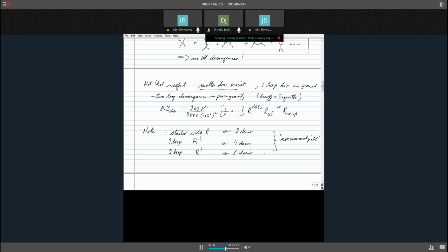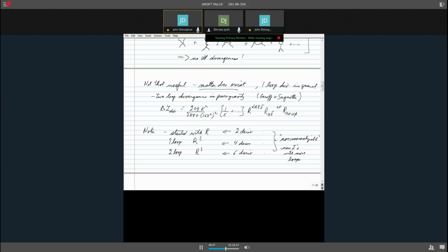At two loops, you see the result was curvature cubed. Okay. Curvatures have two derivatives. Curvature squareds have four derivatives. Curvature cubes have six derivatives, of course, then.